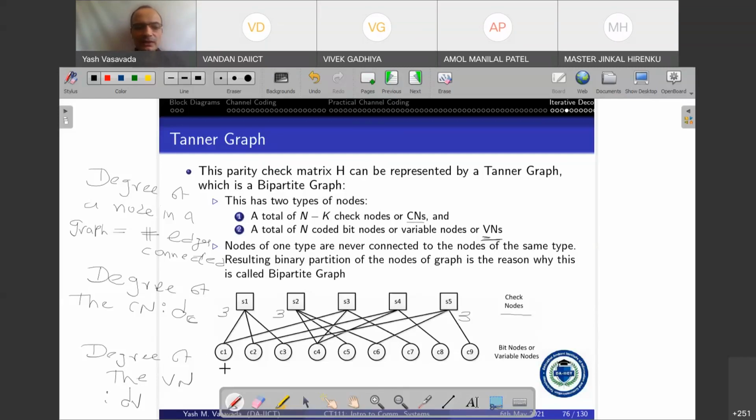So it is 2 here, 2 here, 2. This C4 has 3 actually. C5 has only 1. C6 has 2. C7 has 1, C8 is 1, and C9 is 1. Right? So this is how d of C and d of V are defined.